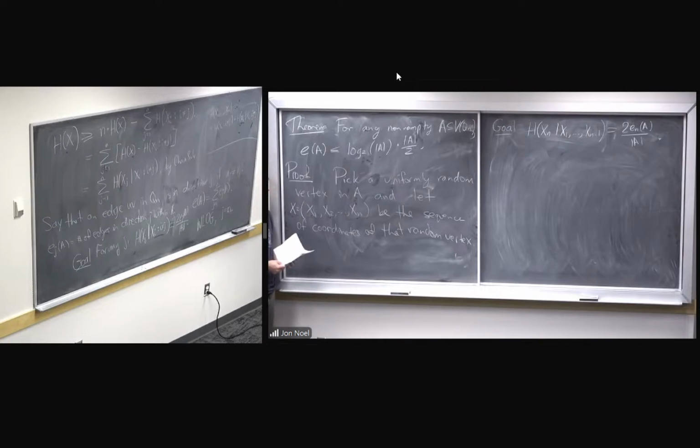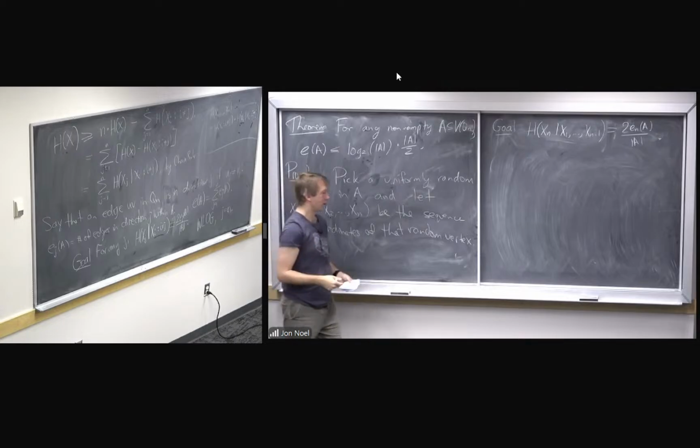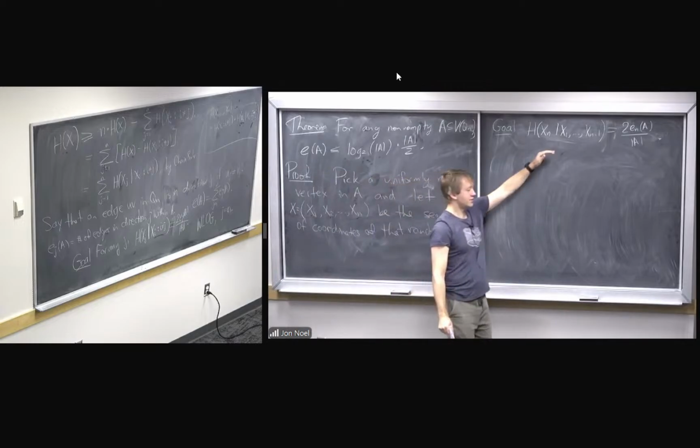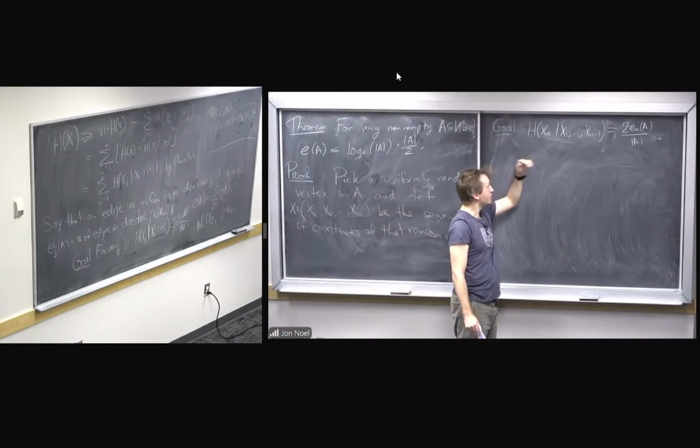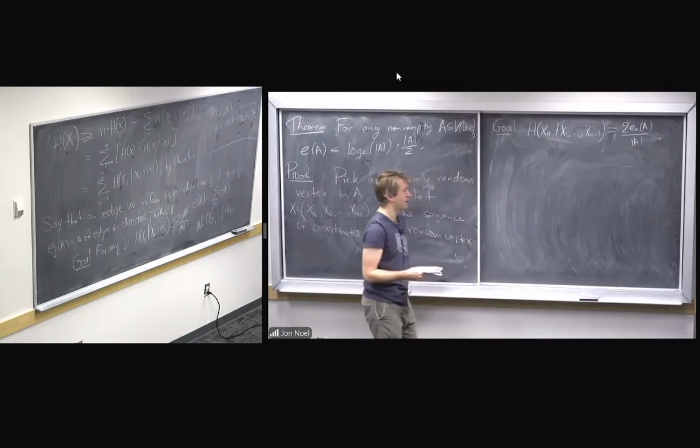All right. This is the only time in this entropy chapter where at some point we will use the actual formula for conditional entropy. Otherwise you pretty much just need to know the chain rule. You don't really need to know the formula, but it's going to come up here.